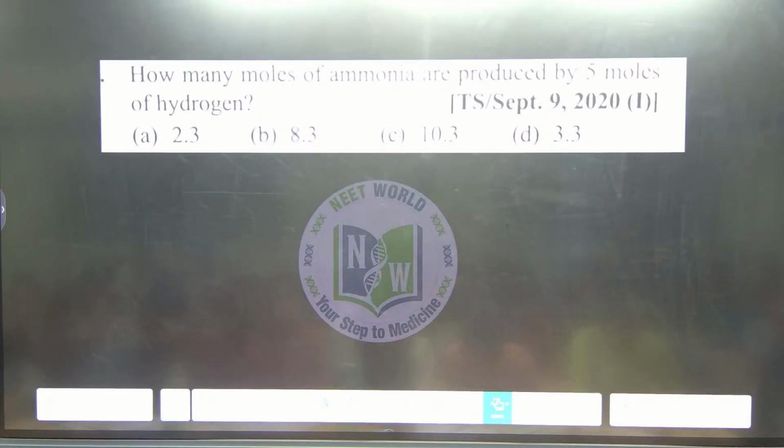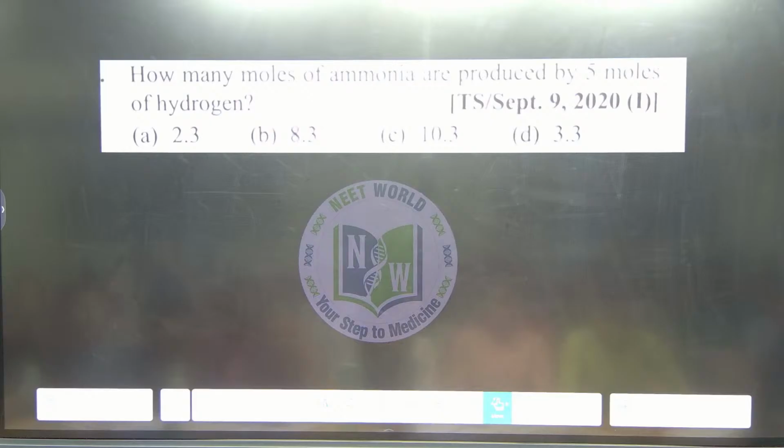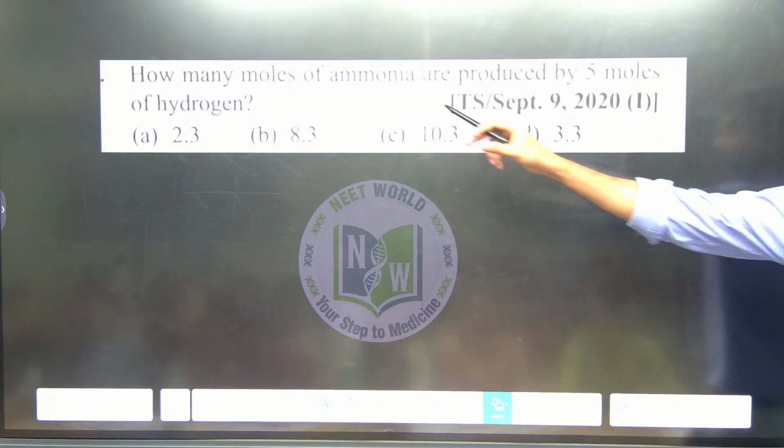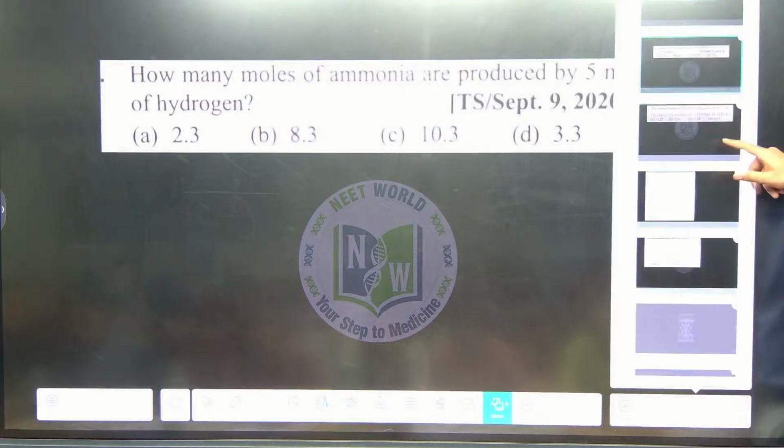Balance it first. So N2 plus 3 H2 gives rise to 2 NH3. As per that you do this question. How many moles of ammonia are produced by 5 moles of hydrogen? Okay, you try this. And one more question.